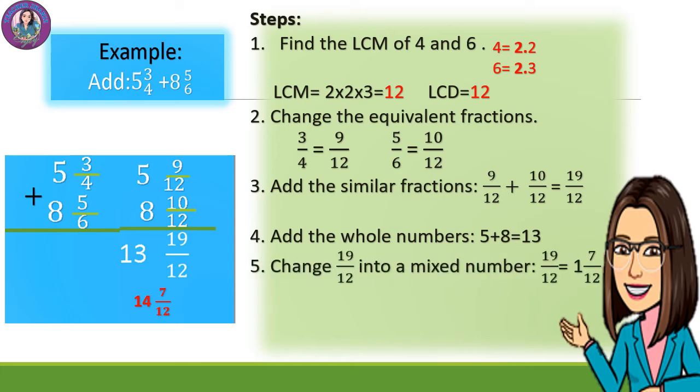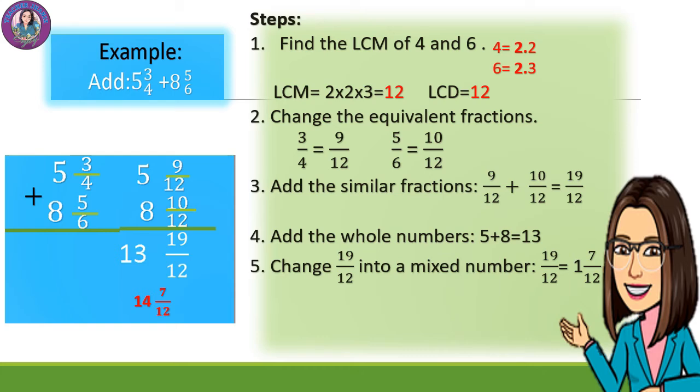Step 5. Change 19/12 into a mixed number. So 19/12 in a mixed number is 1 and 7/12. How? By dividing the numerator by its denominator. 19 divided by 12 equals 1.